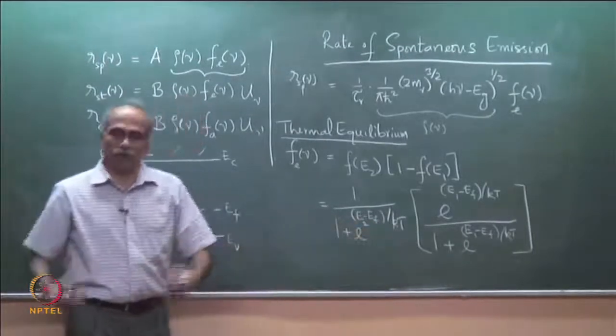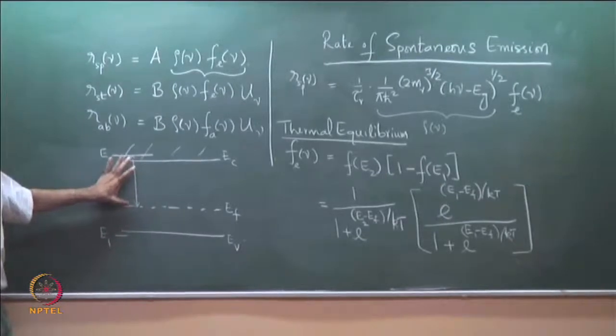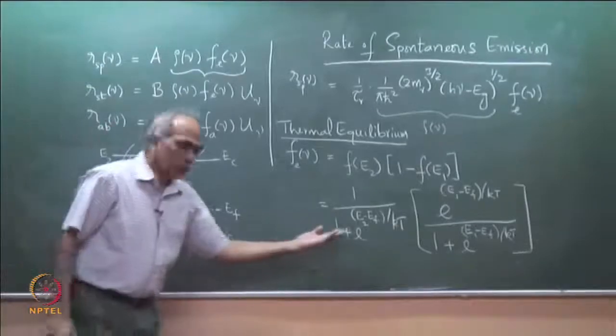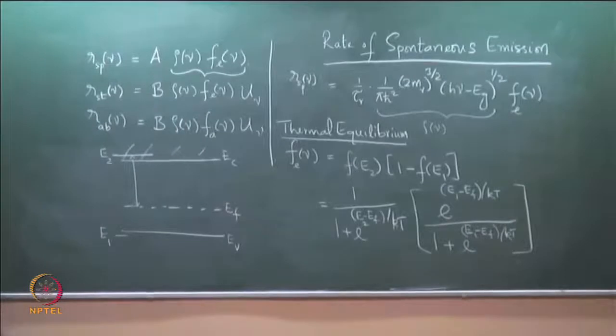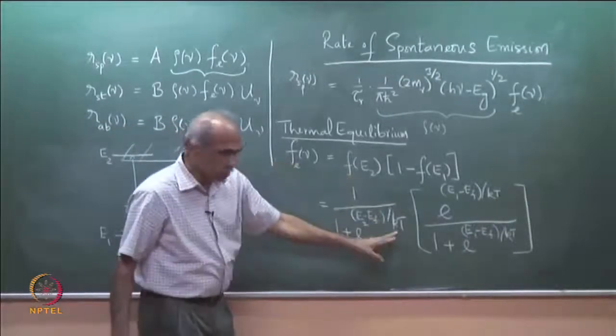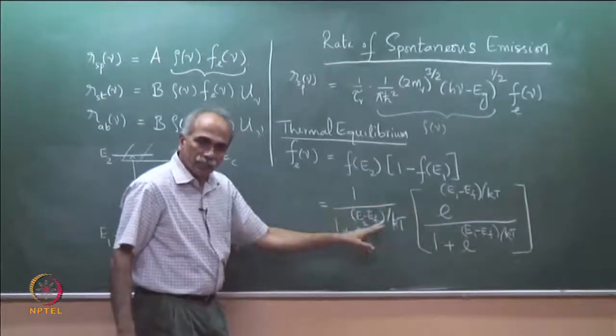This is the Boltzmann approximation, because kT is about 0.025 eV. Just like we did the Boltzmann approximation for carrier concentration, the exponent is a very large number.